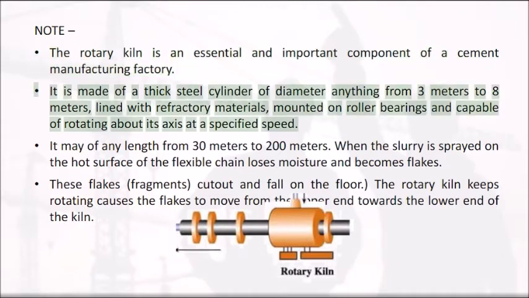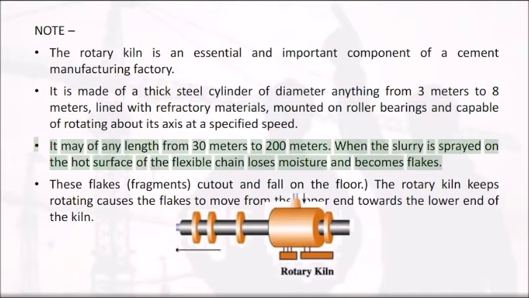It is made of a thick steel cylinder of diameter anything from 3 meters to 8 meters, lined with refractory materials, mounted on roller bearings and capable of rotating about its axis at a specified speed. It may be of any length from 30 meters to 200 meters.